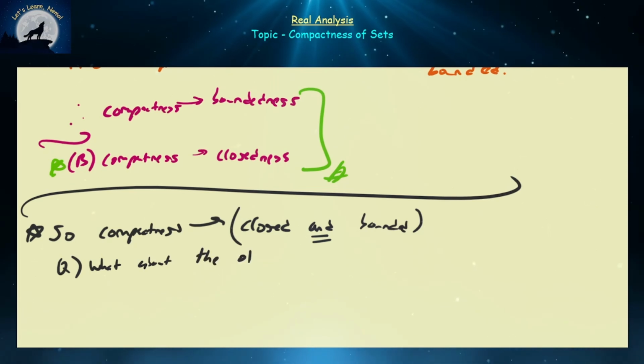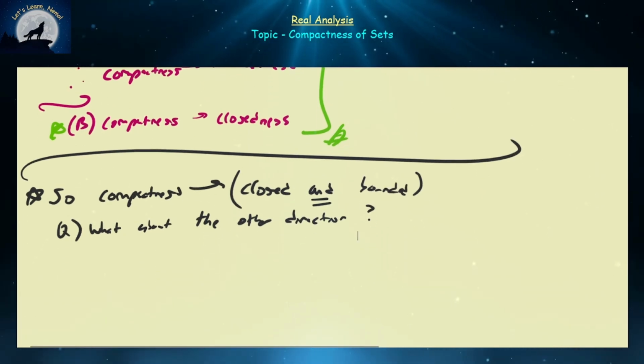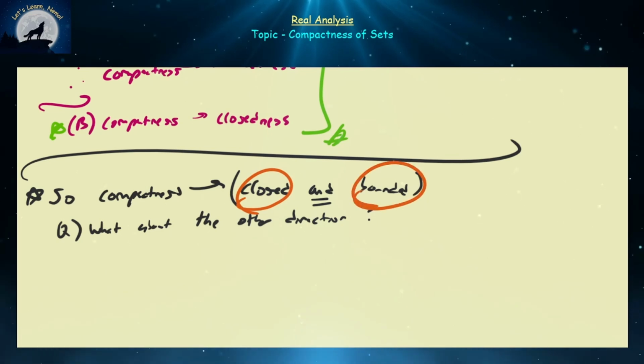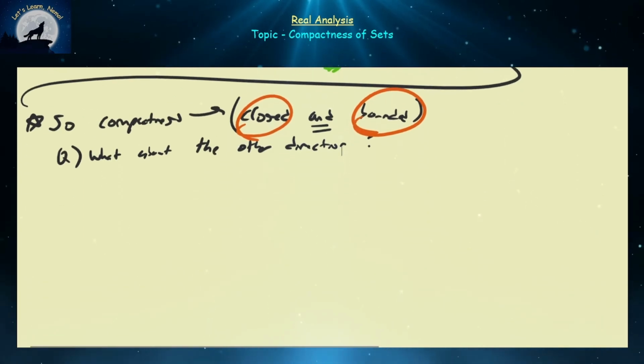So a nice natural question: what about the other direction? Because we've already shown that closedness is not enough to prove compactness. We've already shown that boundedness also is not enough to prove compactness. But if we have a set that is both closed and bounded, does that imply that the set is compact? You might want to pause and think about that statement for a moment.